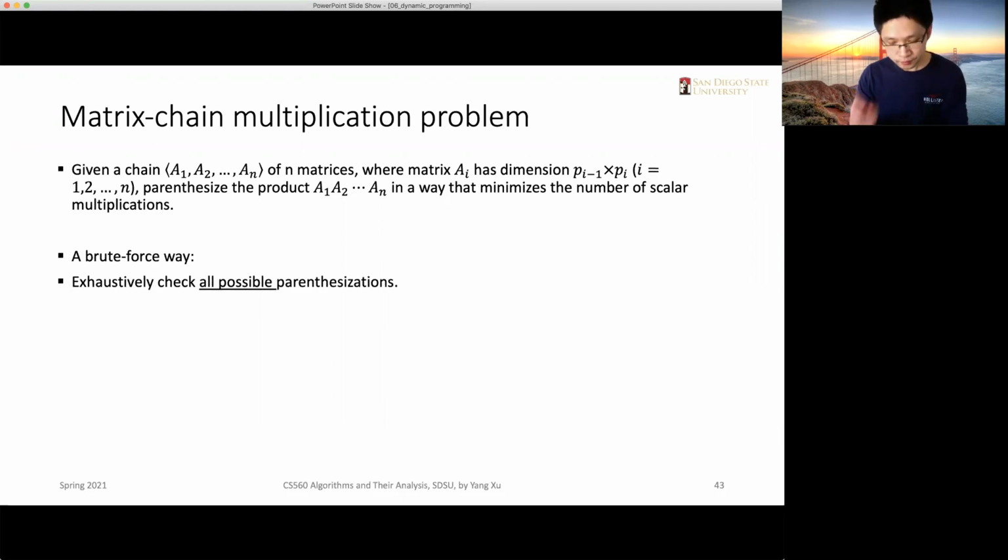It's an interesting problem because the space of possible solutions to explore is very, very big. If we consider a brute force way, we simply enumerate all possible parenthesizations, go through all possible ways of putting parentheses, and then find the smallest, the best, the optimal one.